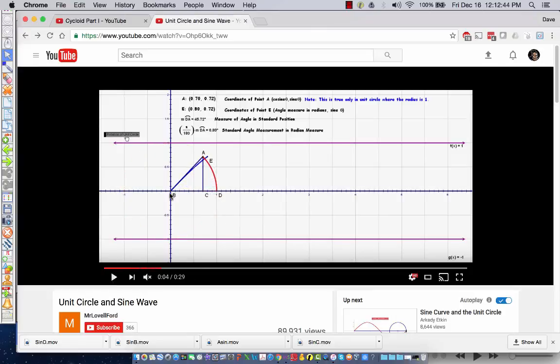At this angle right here, they have 45.72 degrees or 0.8 radians. Then the sine of that is equivalent to the y-coordinate right here, yes? And this part right here is keeping track of that value along the horizontal axis.